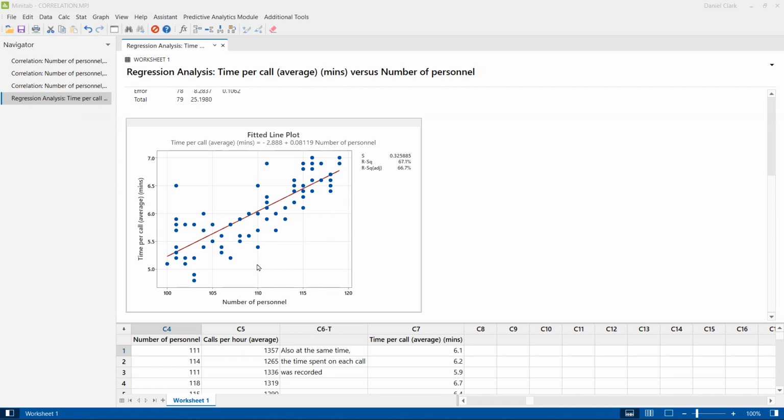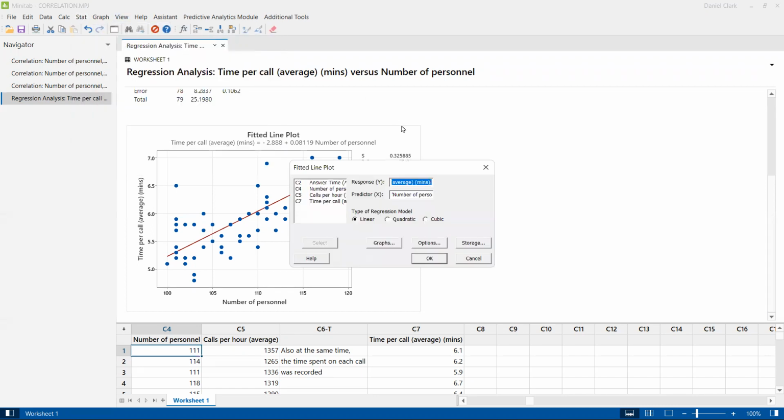So you plug in the number of personnel, and you'll get a predicted time per call. Now, the R squared tells us that we're not going to get an exact number, but we'll get somewhere within a reasonable range.